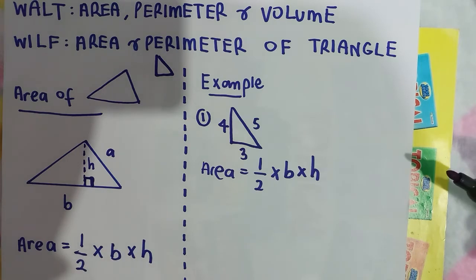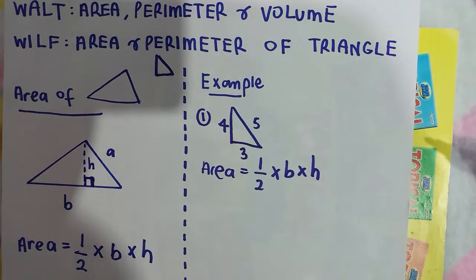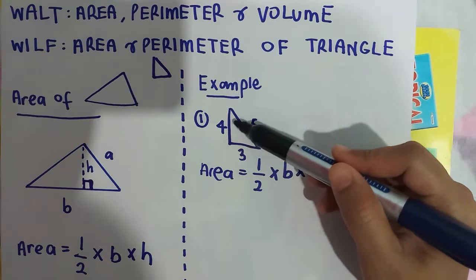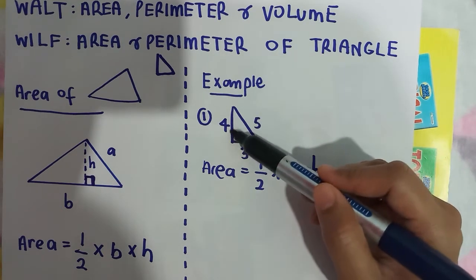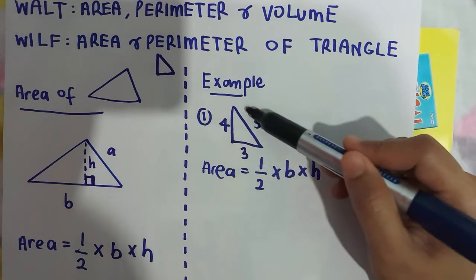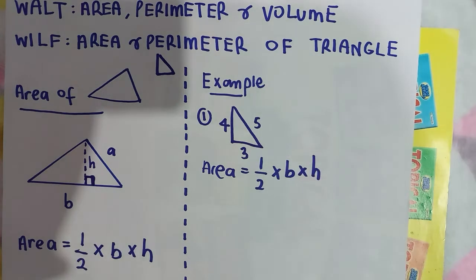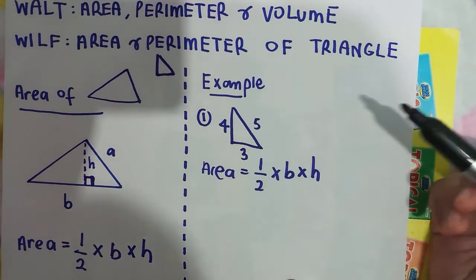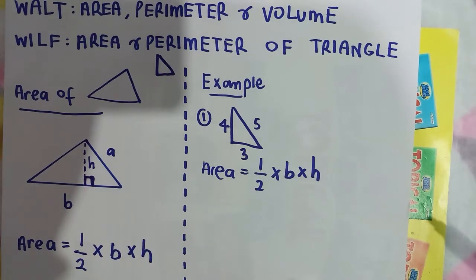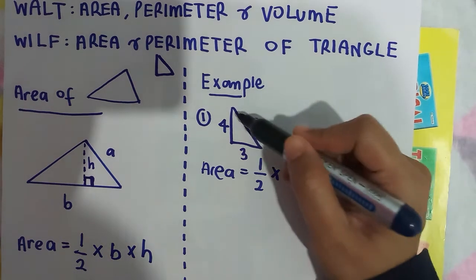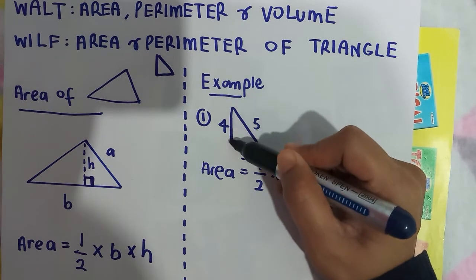Remember I mentioned just now, height must be perpendicular. Between this line and this line, which one is perpendicular to the base? Which one makes a 90-degree angle with the base? That line, this side.